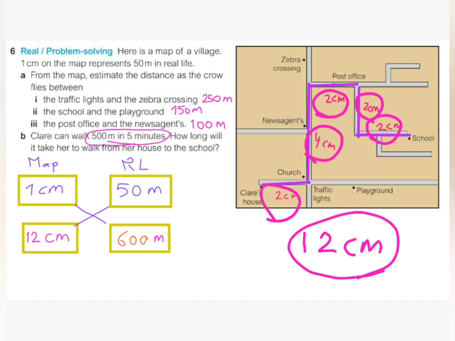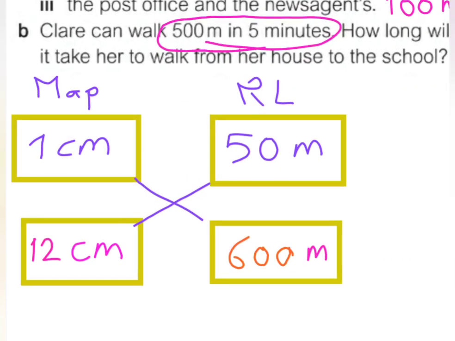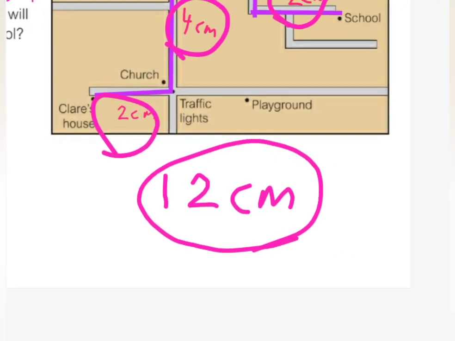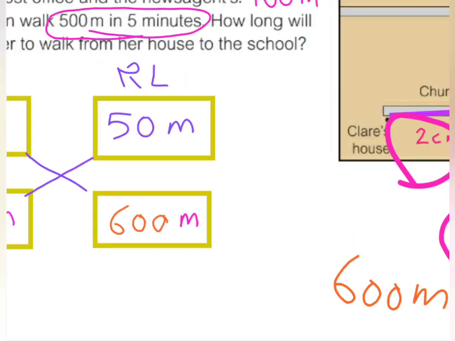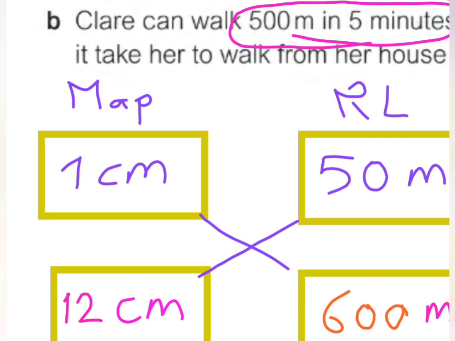Now I'm going to use the same thing with the X method. First let me remove these. We found that the real life distance is 600, so I'm going to write it here, 600 meters, so I won't forget it. Now I'm going to use the X method. I'm going to remove all of this.